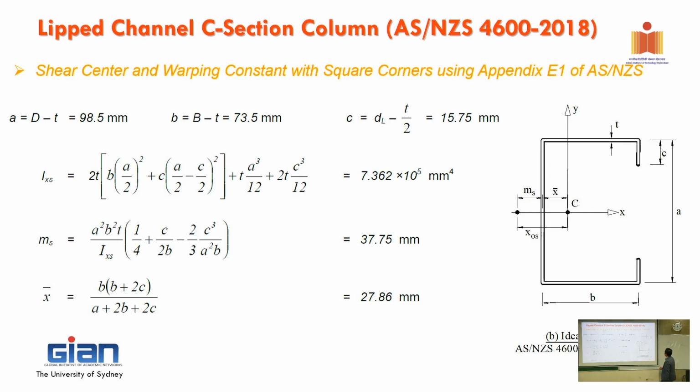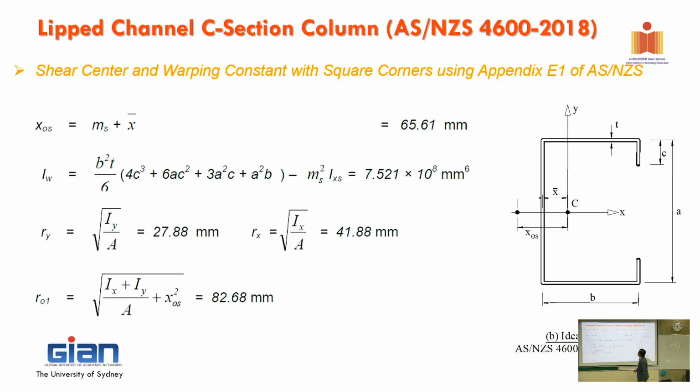Right, now we got shear center, we got centroid, and what next? Then we can calculate the distance between the shear center and centroid. Then we have the equation to calculate the warping constant, IW, okay?